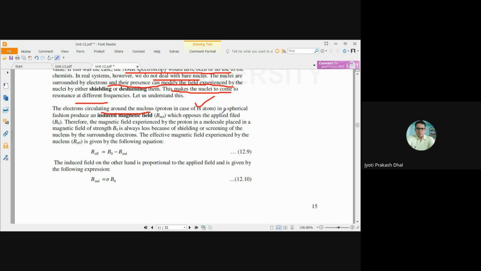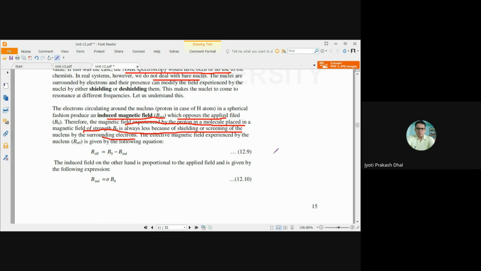In a hydrogen atom, the electron circulating around the nucleus in a spherical fashion produces an induced magnetic field, B induced, which opposes the applied field B0. Therefore, the magnetic field experienced by the proton in a molecule placed in a magnetic field of strength B0 is always less, due to shielding and screening of the nucleus by the surrounding electrons.